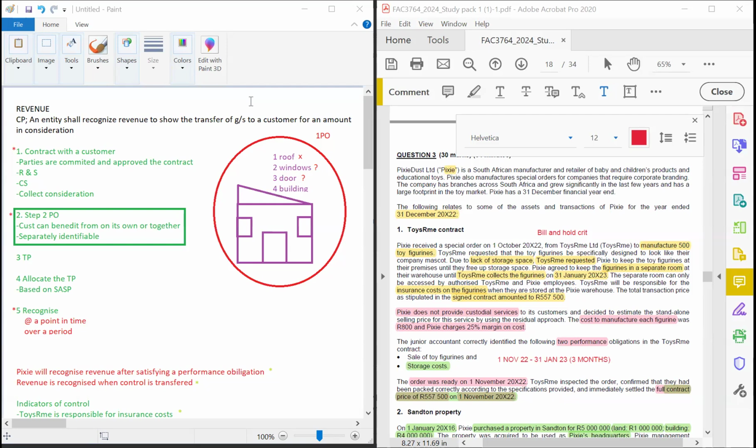Temba, what does the residual approach mean and what does it indicate? The residual approach in terms of what? In terms of depreciation or in terms of what?